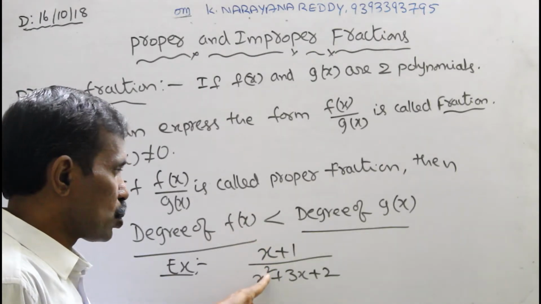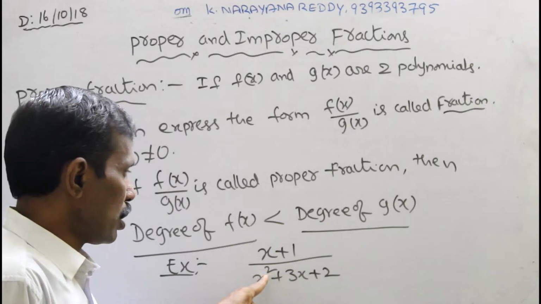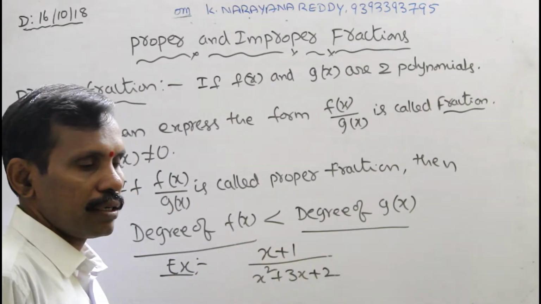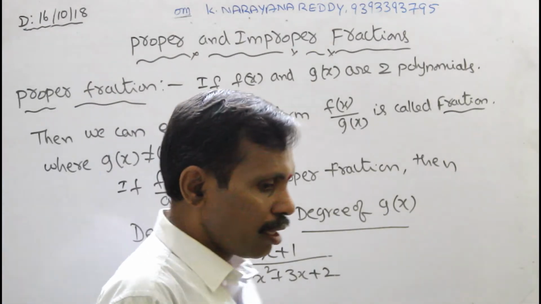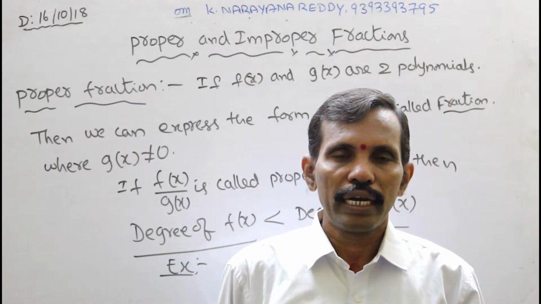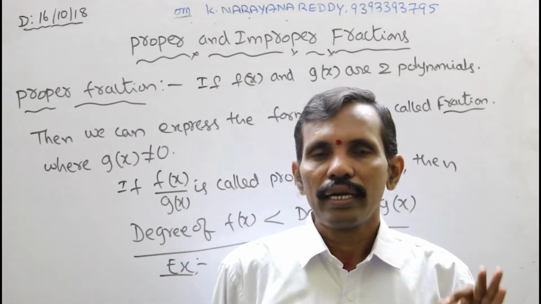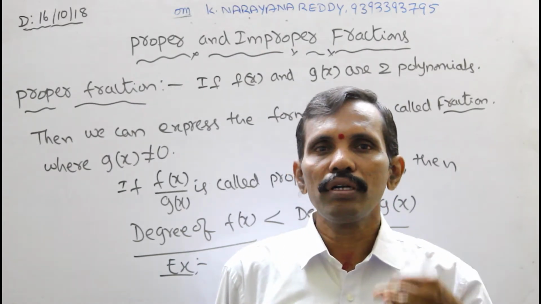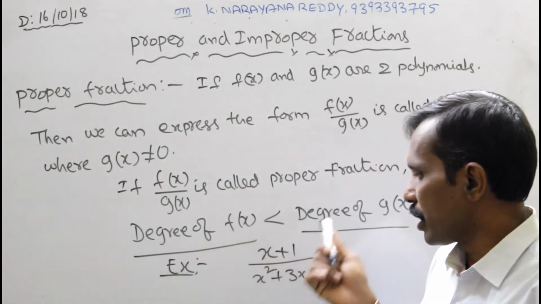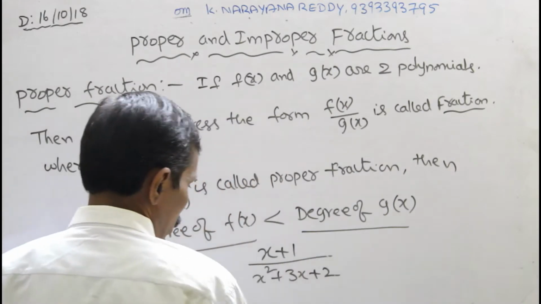The degree of the denominator is 2, the highest power. So this is called a proper fraction. Dear friends, proper is nothing but the degree of the denominator is more and the degree of the numerator is less compared to the denominator. That is, degree of f of x less than degree of g of x.